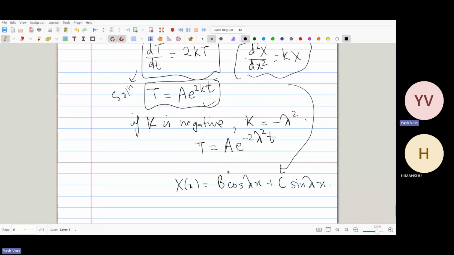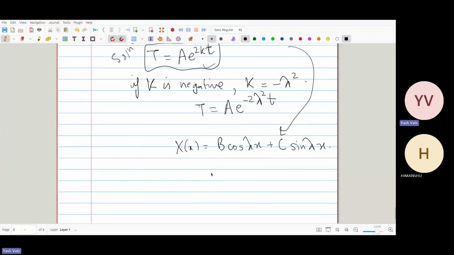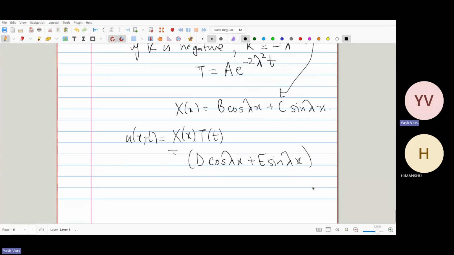So you know X, you know T now. So what is u(x,t) now? u(x,t) is just capital X(x) times capital T(t), which is d cos lambda x plus e sine lambda x, times something with t, which is e to the power minus 2 lambda square t.